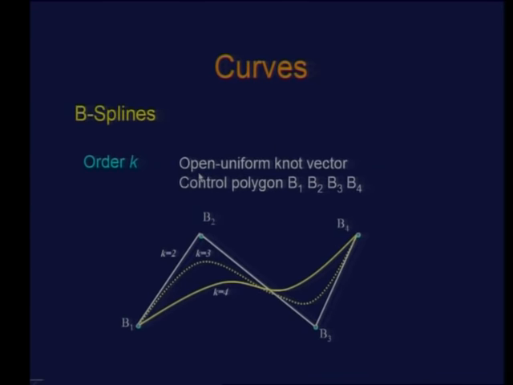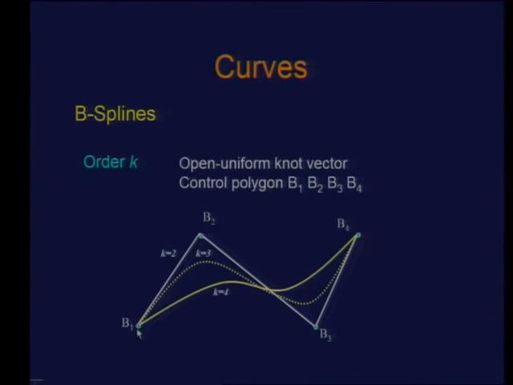Let us say I consider the knot vector to be open uniform, and I have the control polygon B 1, B 2, B 3, B 4. If k is equal to 4, which is the same as the number of control points, I have a Bezier curve, which is given here with this yellow line. If I change the order to k is equal to 3, that means I have a second degree B spline curve.